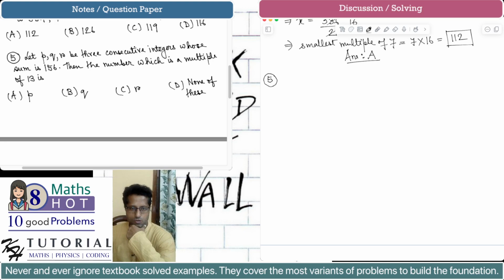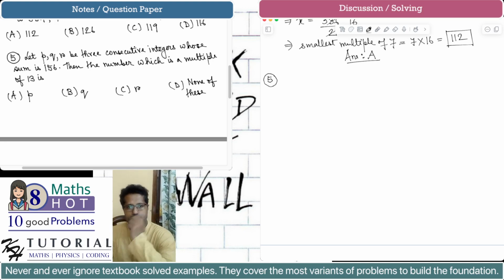Okay, so among P and Q and R, it has asked which of them will be a multiple of 13. The choices are P, Q, R, and none of these.